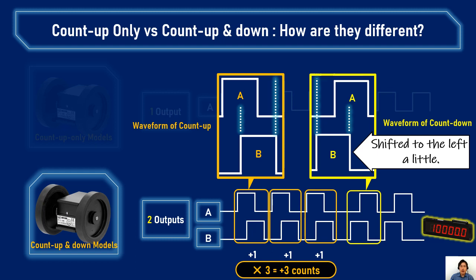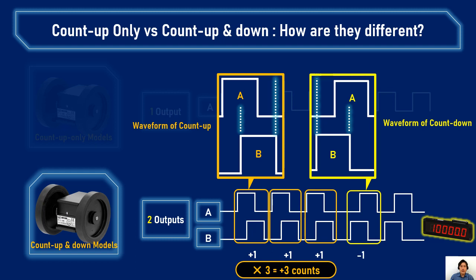When the two pulses are output in this way, the electronic counter decreases the count value by 1. In this example, there are 2 waveforms of this combination. Therefore, the electronic counter decreases its count value by 2.